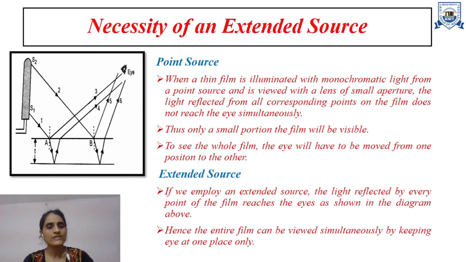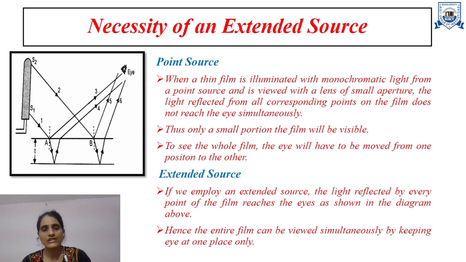So in order to see the interference pattern, we have to move our eyes to see the whole film and its interference pattern. This is the drawback of a point source. In order to see the pattern, we have to continuously move our eye from one point to another.